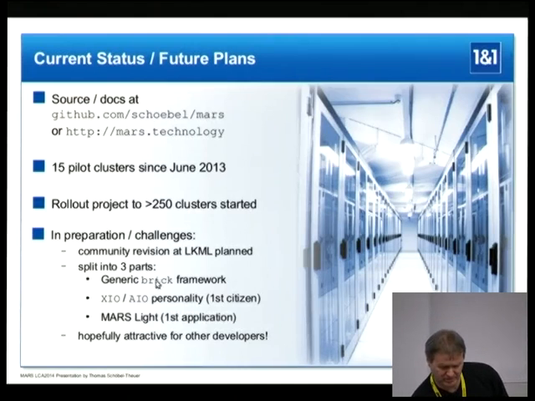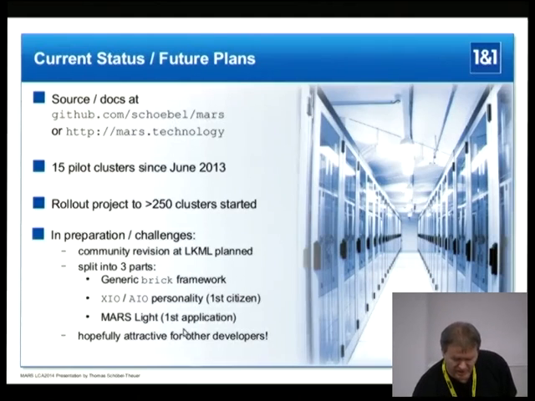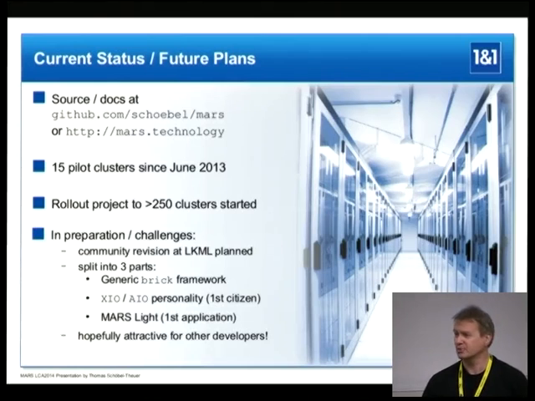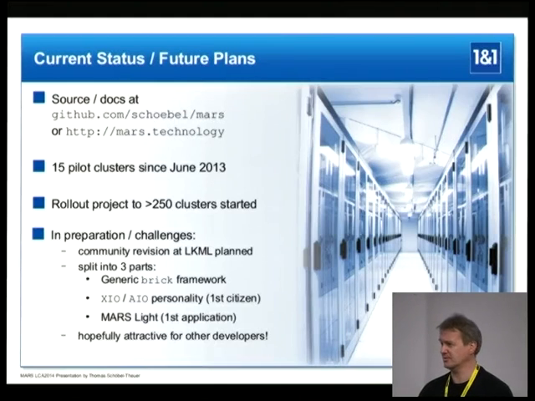So I have a 3-layer architecture, the generic part, a first citizen. It's possible to implement other citizens, like stackable file systems or whatever, but it's all in the future. And there's a first application, MARS. And hopefully it's attractive for kernel developers. If it would succeed, it depends on Linus, but if it would succeed, then you would get it in the standard distribution, which is the aim.